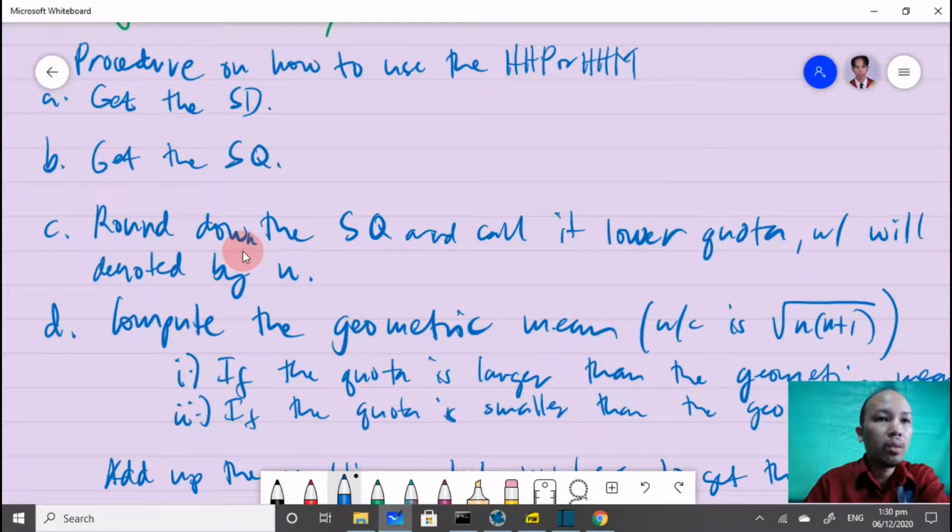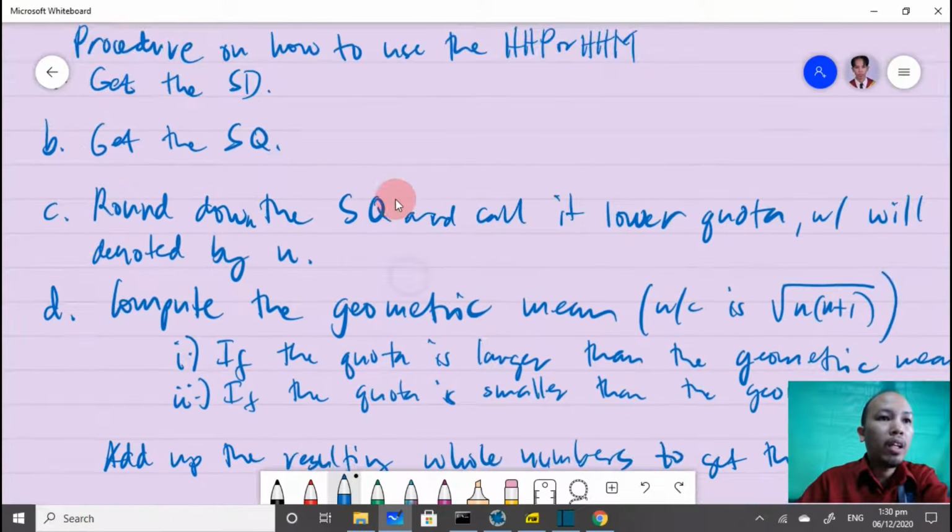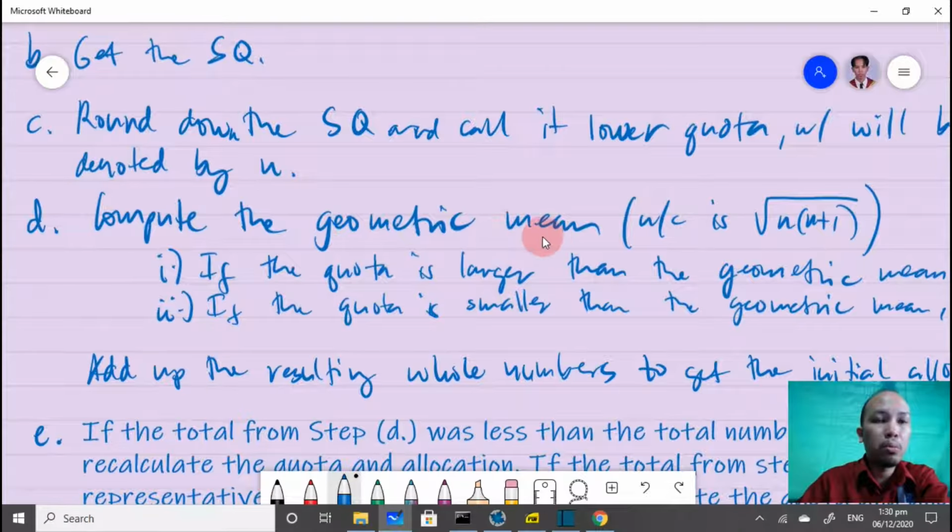That lower quota will be denoted by n. Then you are going to compute the geometric mean, which is equal to the square root of n times n plus 1, where n is the lower quota.